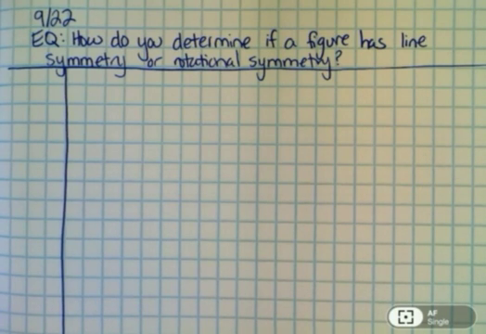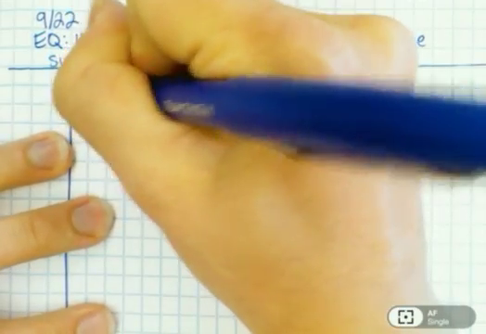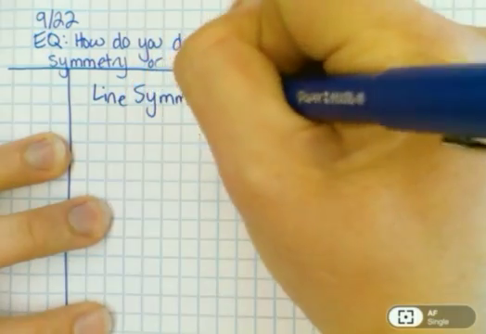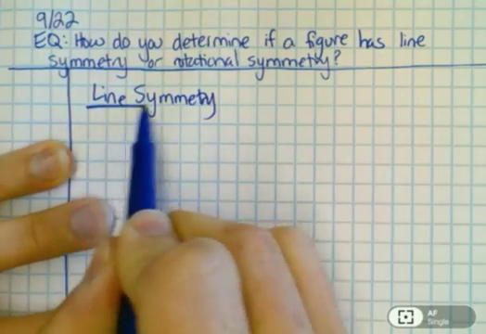So back to our notes, we're going to try to get this down. So there are 2 types of symmetry. The first is what we just talked about, and that's line symmetry. So go ahead and write line symmetry. Whoops, missed my R. Line symmetry.